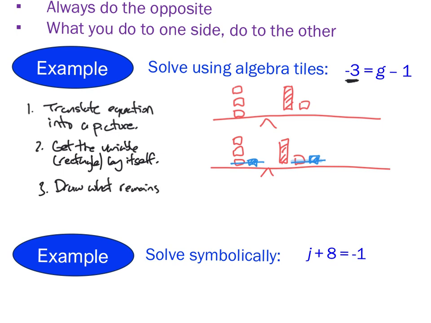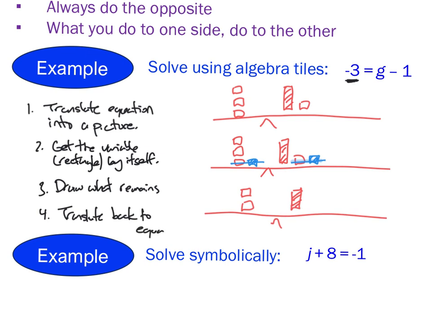So step 3 is we have, what do we have on the left side of the equation left? 2 unshaded little squares. What do we have on the right side that's left? 1 shaded rectangle. And then the last thing that we do is we translate back to an equation.